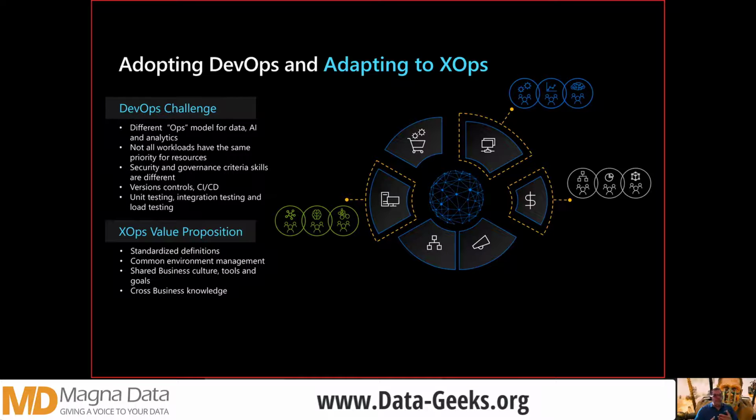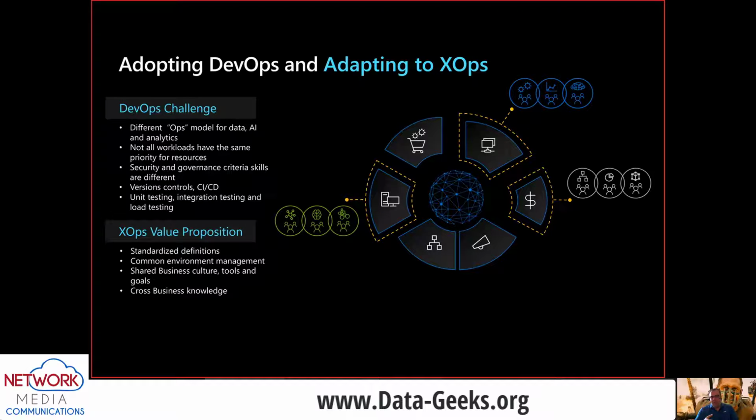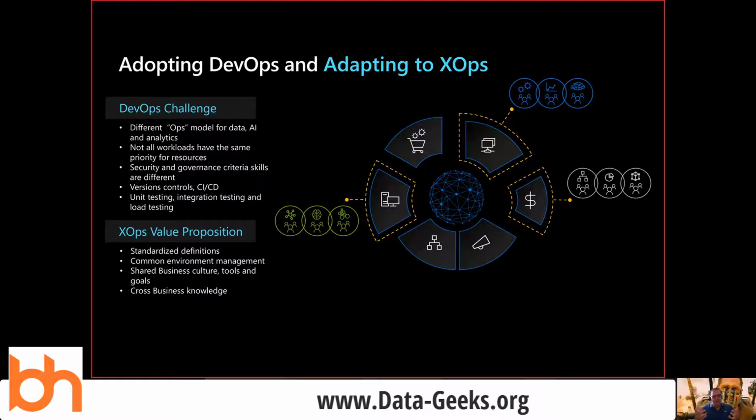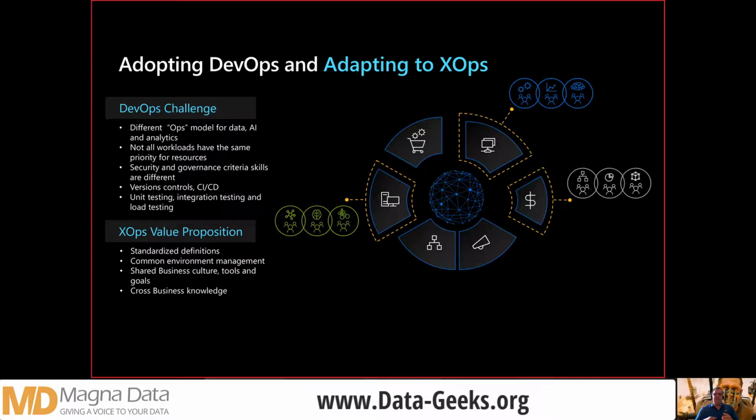They have different skilling requirements, different ways of looking at versioning, different ways of continuous integration and continuous deployment, and different testing frameworks, including how they integrate and how they do load and stress testing. BizOps doesn't necessarily care about stress testing. They subscribe to a service with a business application that just pushes out and runs.